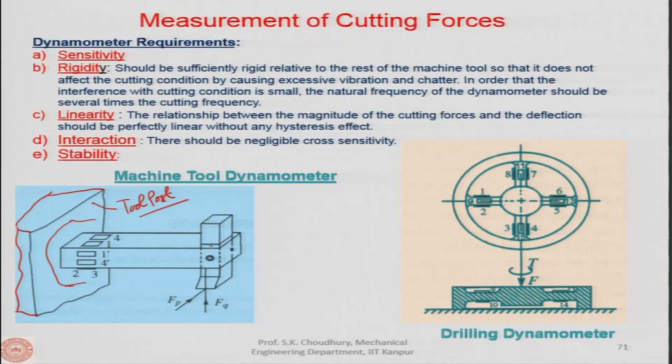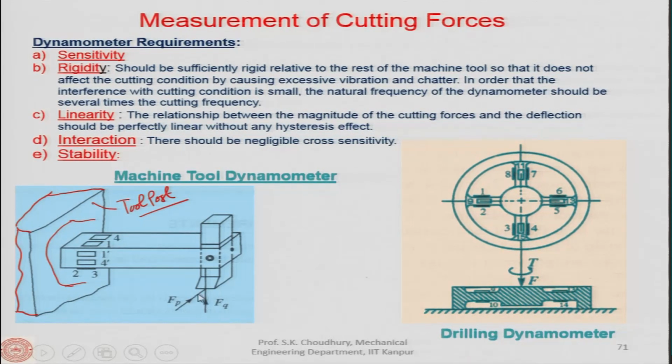Now, when it is subjected to forces like FQ and FP, which we have shown in the cantilever beam type dynamometer, the sensors or the piezoelectric elements which are mounted on this surface of the cantilever beam, 1, 2, 3 and 4, will sense the force acting like this, that is the thrust force FQ.